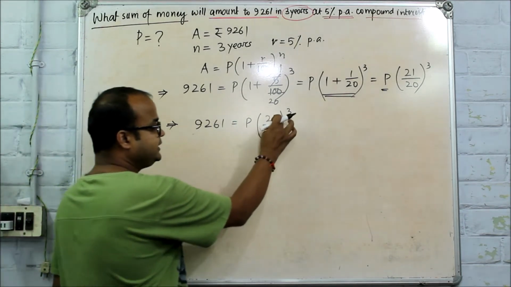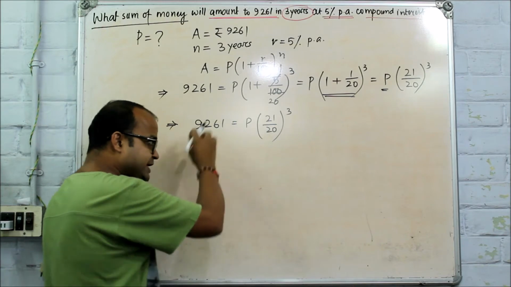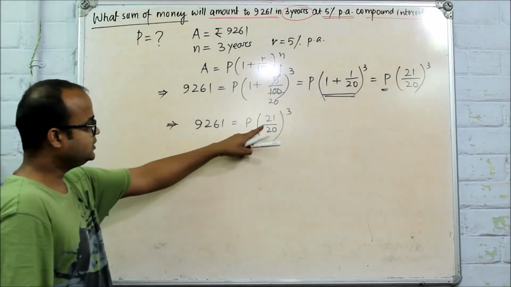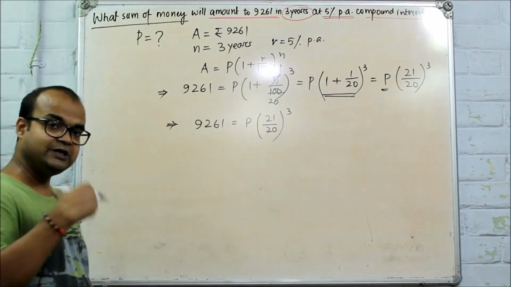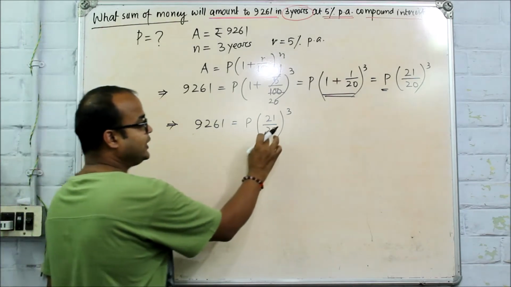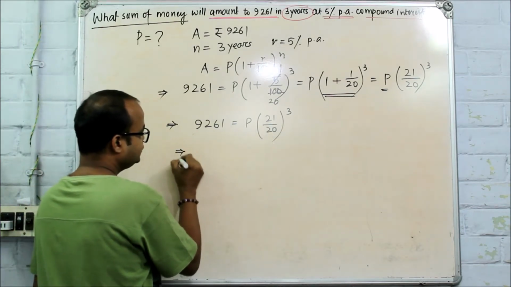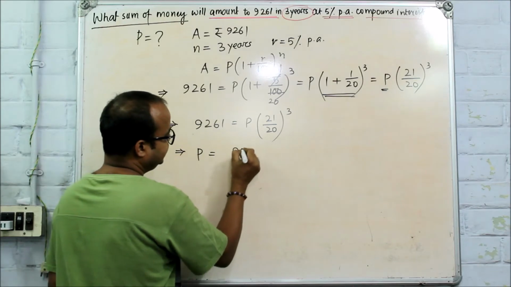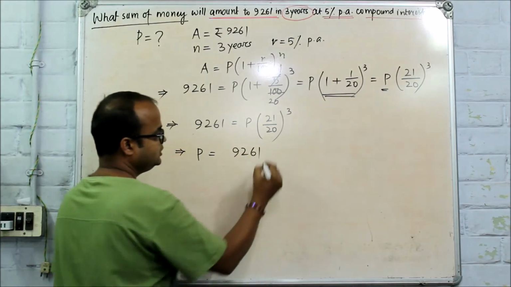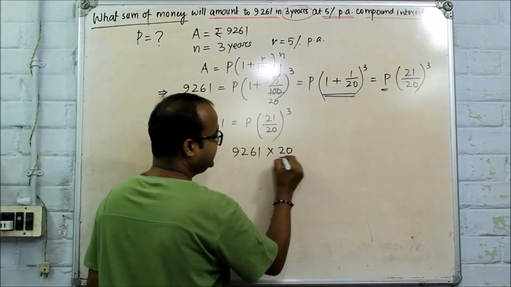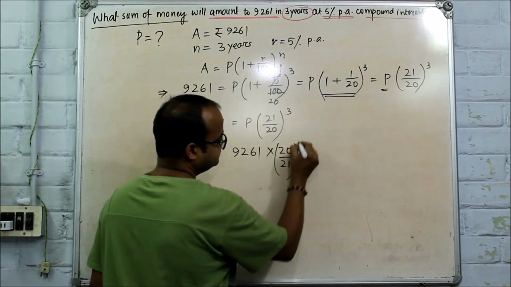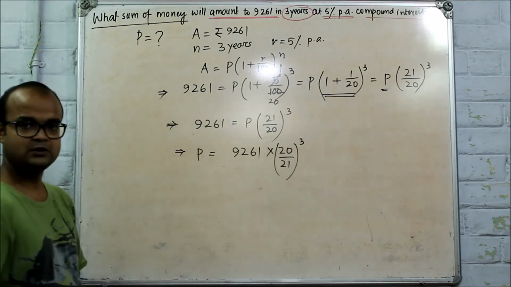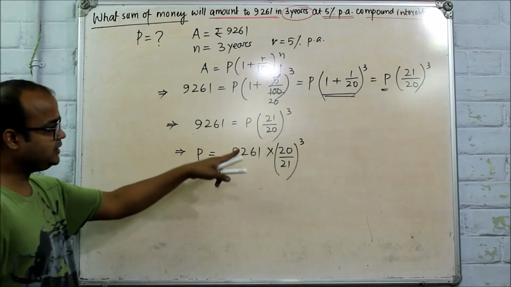Here 21 by 20, when you change the side, will become its reciprocal, that means 20 by 21. So P is equal to 9261 into 20 by 21 cube. You are finding the value of P.